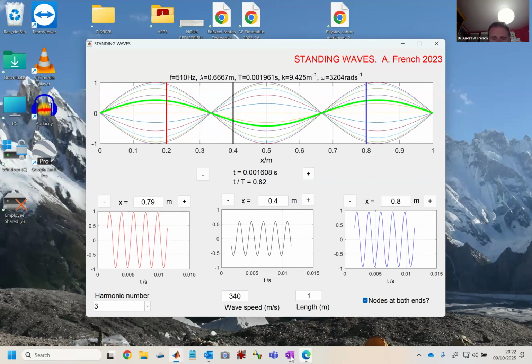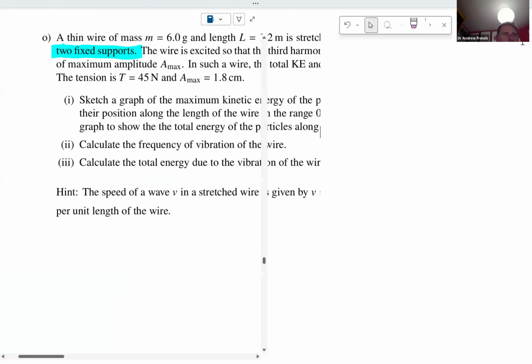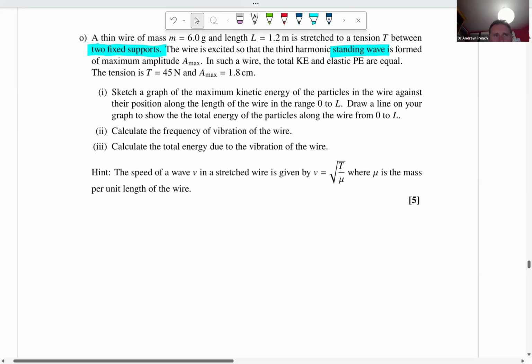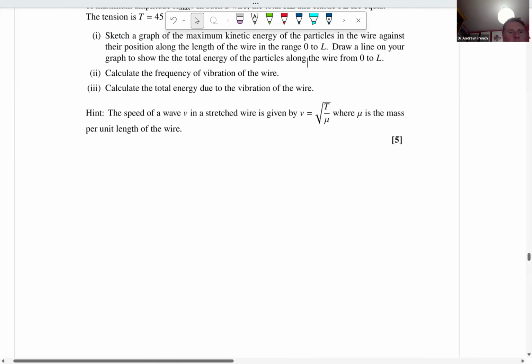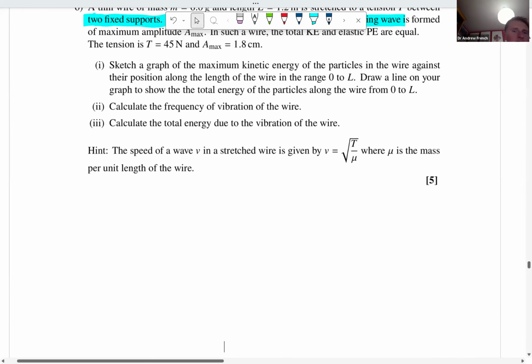So let's go and draw that in here. Then we can use that to work out the wave displacement and things like our kinetic energies. So let's go and do this. What have we got? First part, we want to sketch a graph of the maximum kinetic energy.